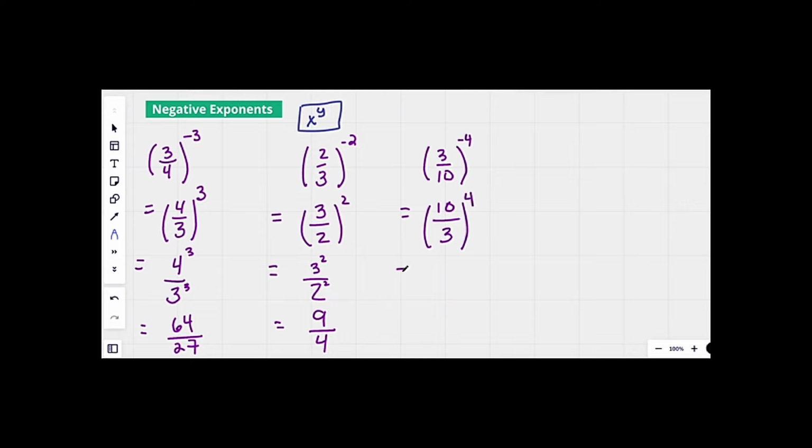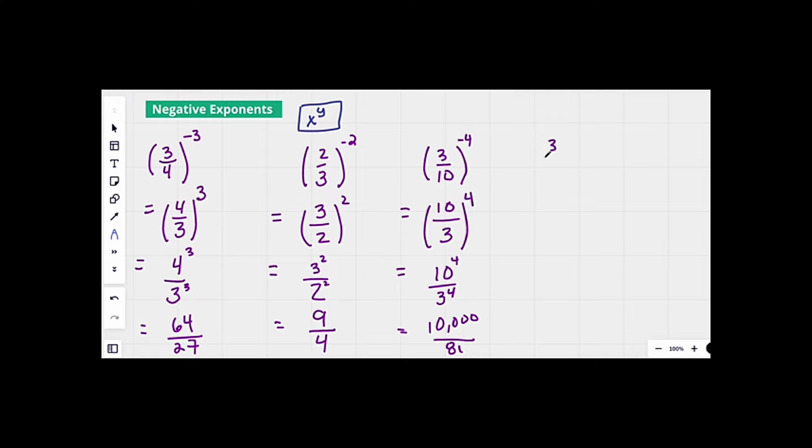Now we don't have the negative, but we need to apply this exponent to both the top and the bottom. So this becomes 10 to the power of 4 over 3 to the power of 4, which is 10,000 over 81.